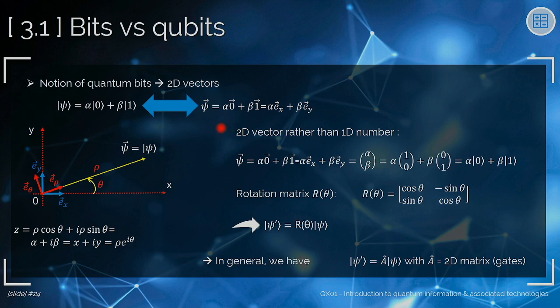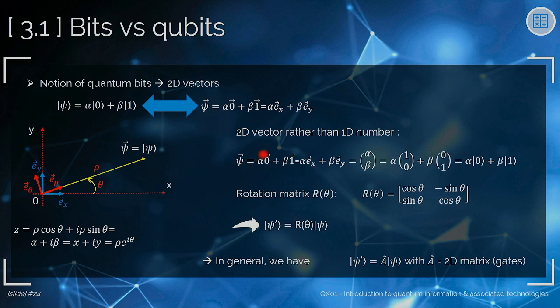It is the equivalent of what we would have in a 2D space, where we have an x and y axis, and we have ex and ey unitary vectors. And you can represent any vector, in this case the psi vector, in this xy plane. Okay? So that's what it is.